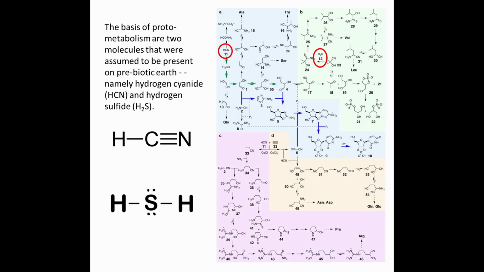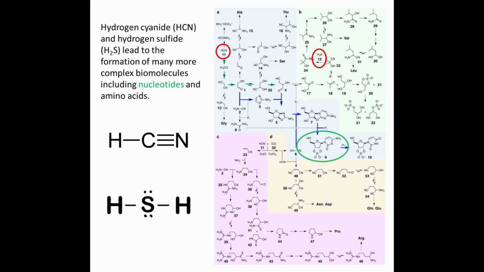The basis of protometabolism are two molecules that were assumed to be present on prebiotic Earth, namely hydrogen cyanide HCN and hydrogen sulfide H2S. These two molecules could lead to the formation of many more complex biomolecules, including nucleotides and amino acids.